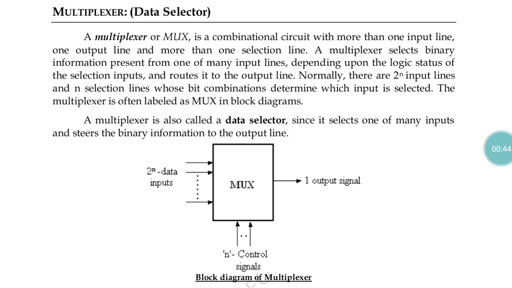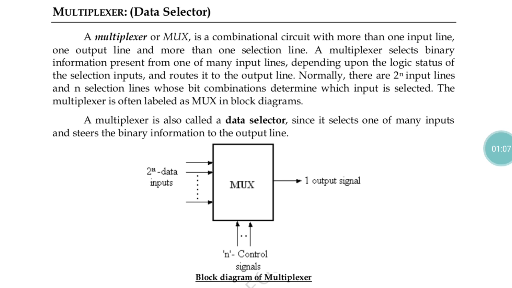Based upon the control signals, any one of the inputs will be connected with the output. The output will be chosen from any one of the data input signals based upon the control signals. So that's why it is named a data selector.